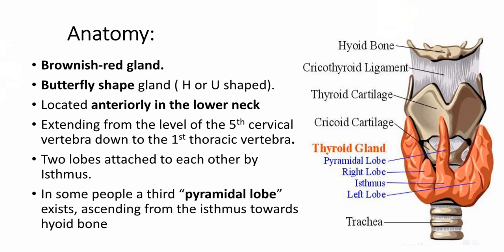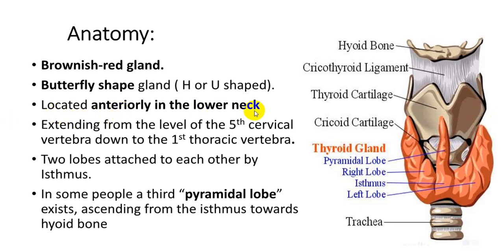It is a brownish red color, butterfly shape. You can call it H shape or U shape. These are the two lobes, right lobe and left lobe, the central connection is called isthmus, and this is called pyramidal lobe.